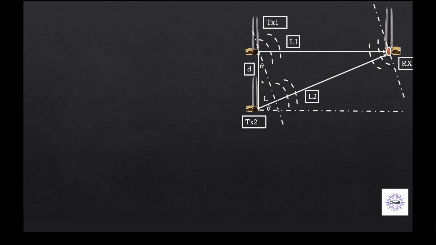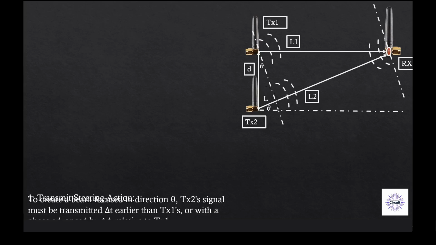The idea is that by changing the phase relationship between these two TX antennas, I can maximize the power of the received signal at the receiver, so that my gain when transmitting from TX to RX is increased compared to not using beamforming, where the electromagnetic waves propagate spherically.